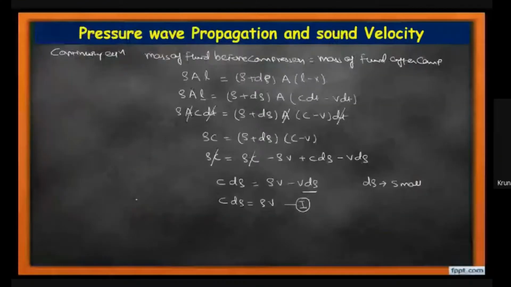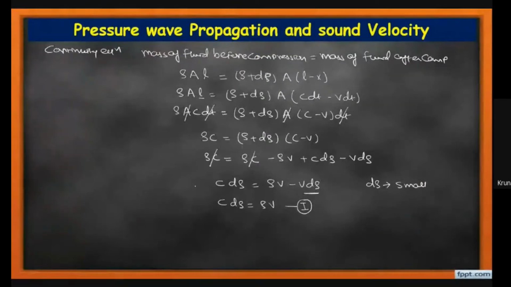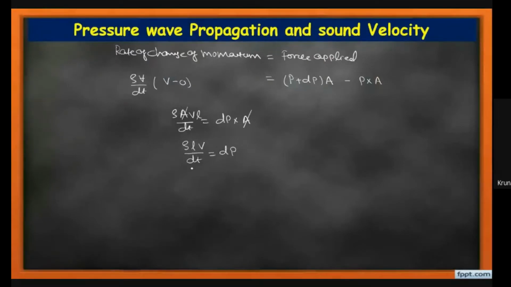So we put down the value of L. So our equation becomes rho into c into dt into v divided by dt equals dp. Now this dt is cancelled out, and we get rho v equals dp by c.